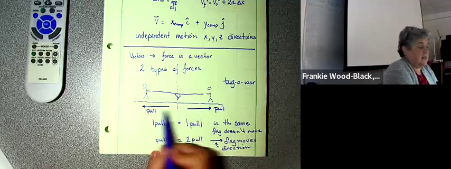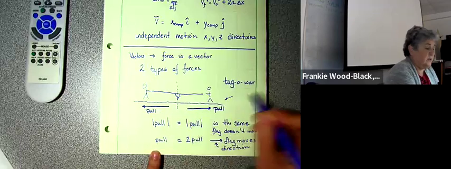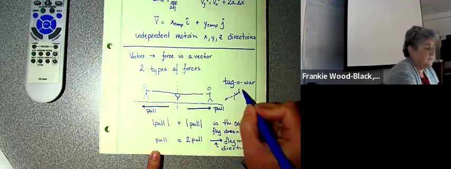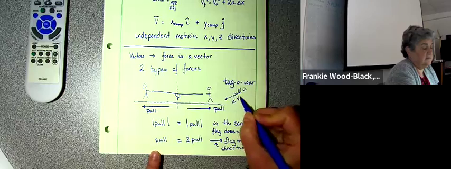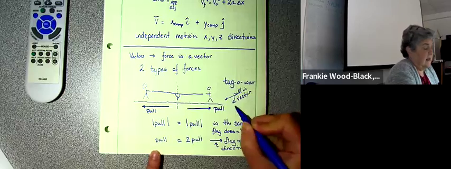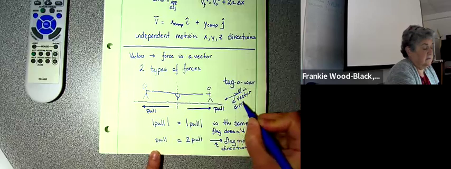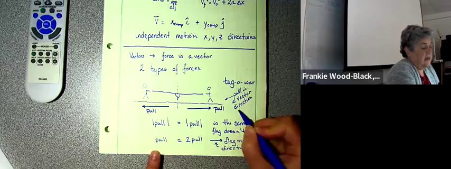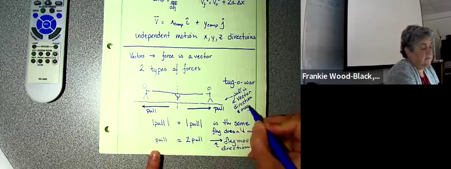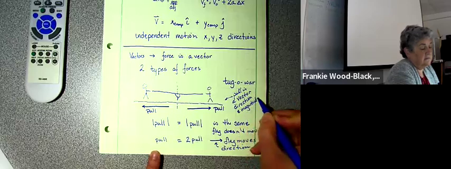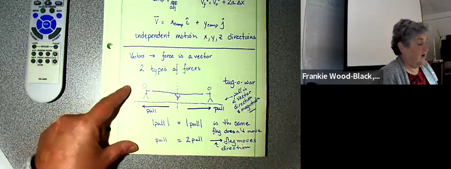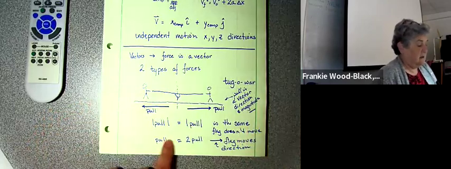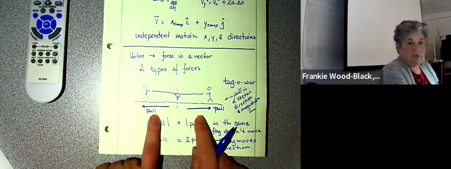So we can look at these pulls, they're vectors. The pull is a vector. It has direction. And it has magnitude. So we are experiencing that change.